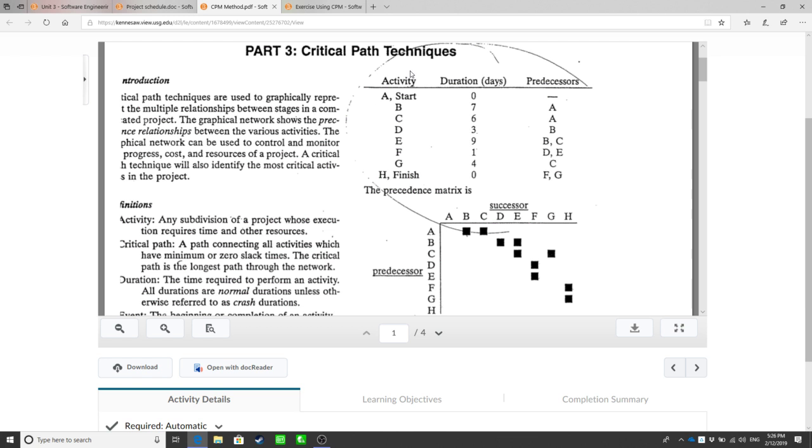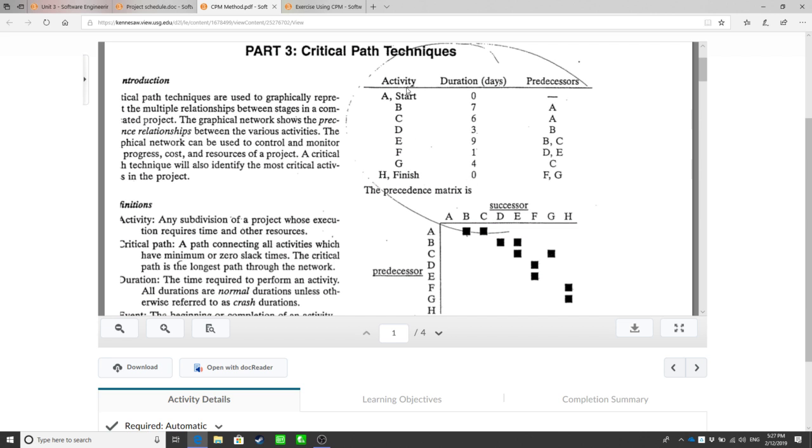What is an activity? An activity is a subtask or a subdivision of the project, whose execution requires time and resource. So for this whole project, we have activity A, which is a start. Start means it's a dummy node. It doesn't really take time, so duration is 0, and the finish duration is 0. Those are two special activities. They take 0 time. They are basically dummy nodes.